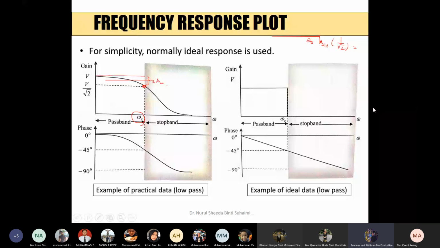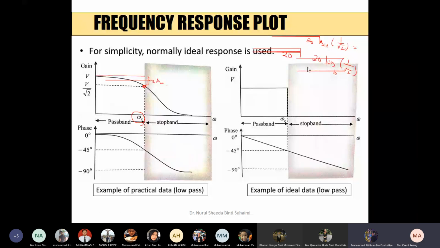20 times log 10 of 1 over square root 2. So take 1 over square root 2 first, take the log 10, multiply by 20. Negative 3.01.